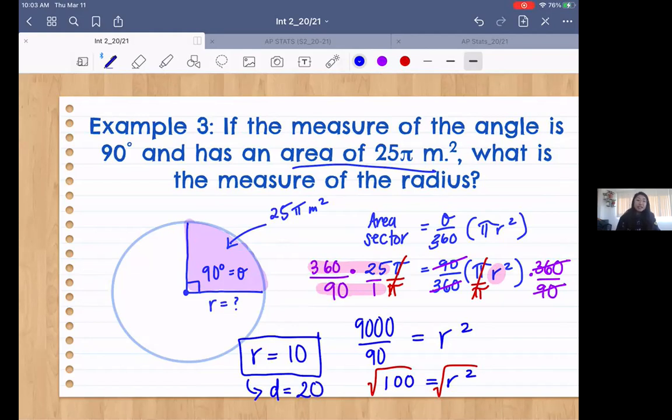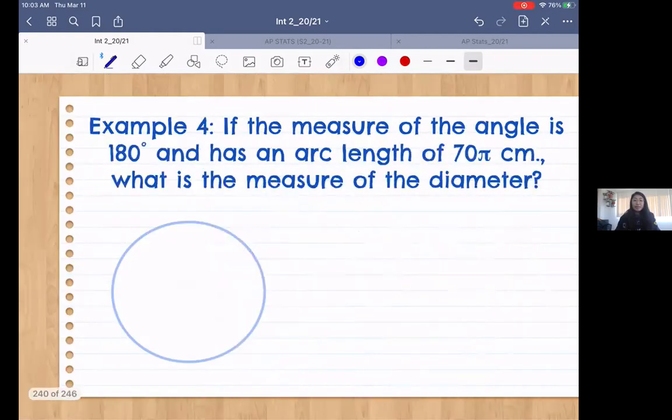Okay, and then similarly, we're going to do example number 4. It says if the measure of the angle is 180 degrees and has an arc length of 70 pi, what is the measure of the diameter? So what I know here is that I have a theta of 180 degrees. And notice that's half of our circle.